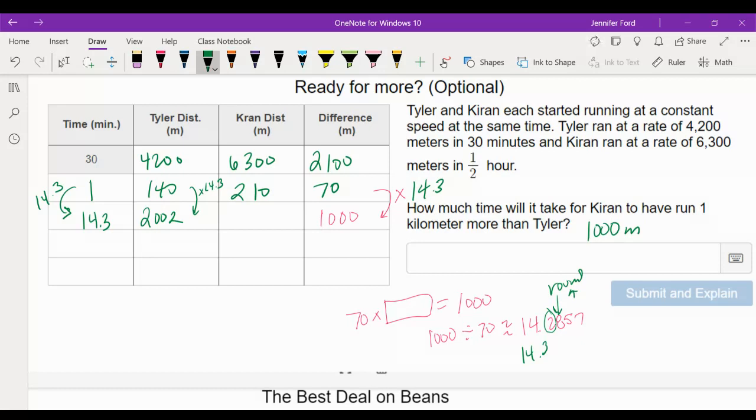And then 210 times 14.3, and again, I'm doing this on a calculator, is 3003. So it's actually a difference of 1001. You know what? That's close enough, because that's less than a centimeter off. I think that's fine. Cool. All right. That was tricky.